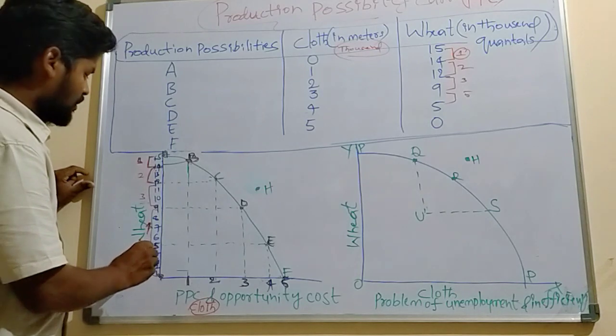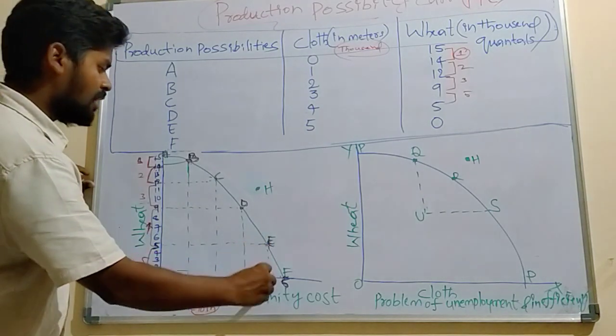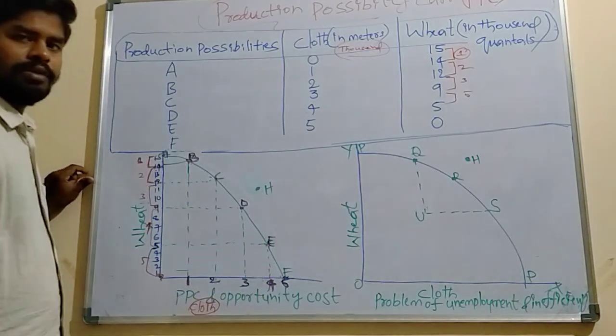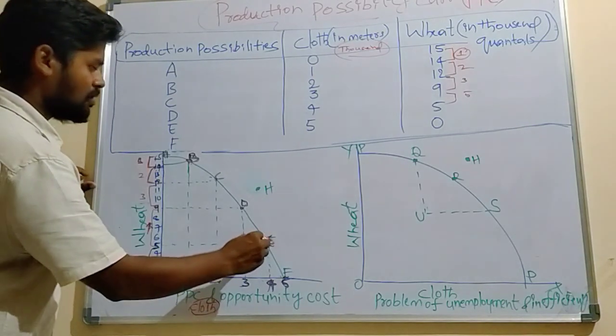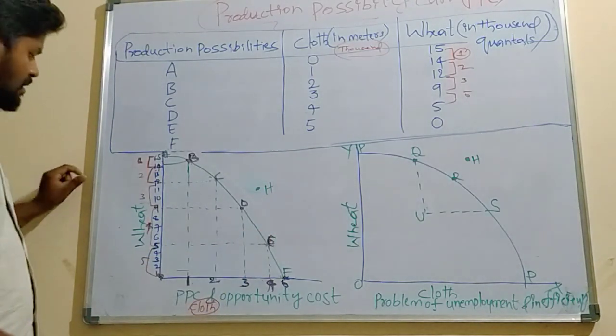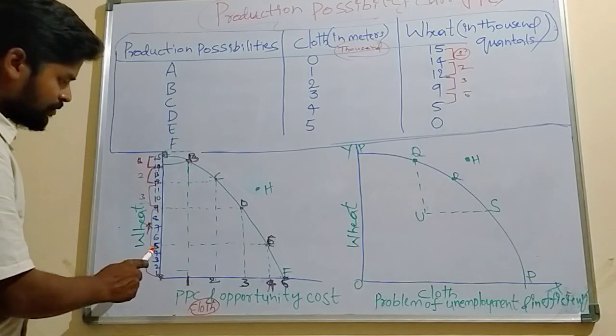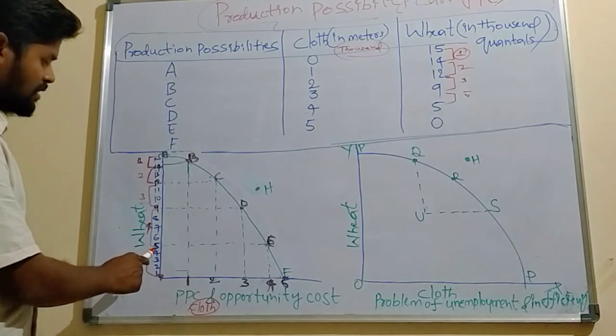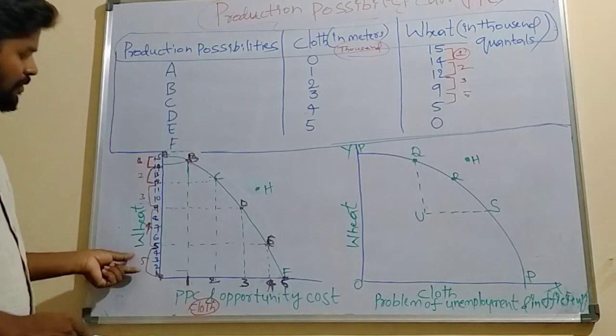Okay, and next here we have produced cloth which will be 4,000. Here 4,000 quintals we had sacrificed, and later 5,000 wheat to 1,000 means here 5 units.